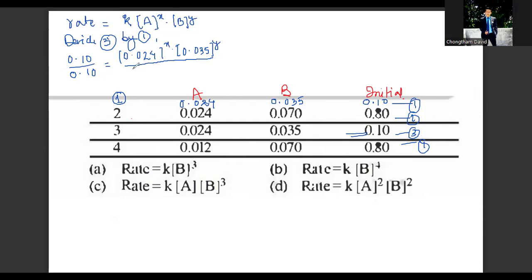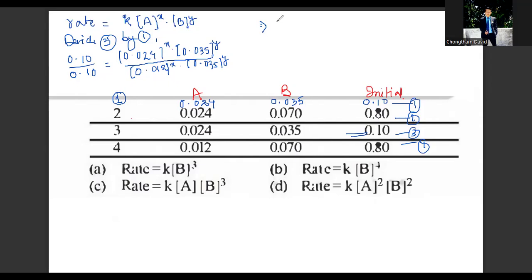Divide by equation number 1. So you have 0.012, right? We're dividing equation number 3 by 1. This is raised to the power x, and 0.035 to the power y. So everything gets cancelled.